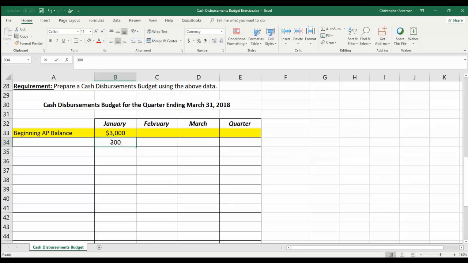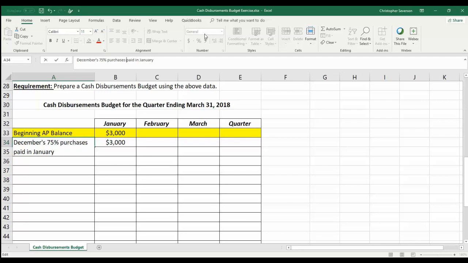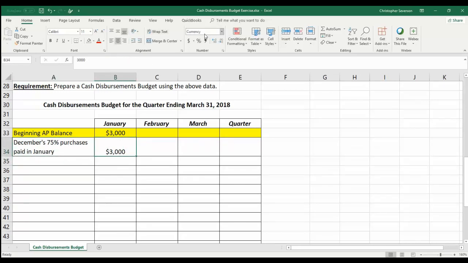Again, that's informational though, so we're going to create a line here where we're basically saying this is December 75% paid in January. You can type in whatever you need there. December 75% purchases paid in January, something like that. So that's where the $3,000 comes from.